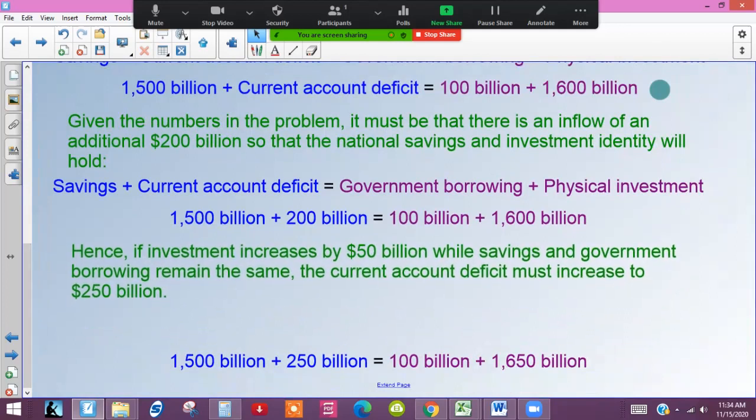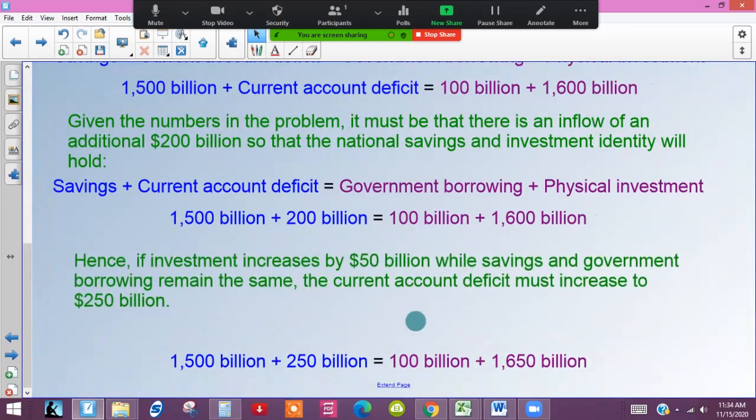So we just jump down here, and we can see that if capital investment increases by 50 billion, while savings and government borrowing or the deficit remain the same, then the current account deficit must increase by 50 billion, say, to 250 billion, in order for the two sides of the equation to be equal.